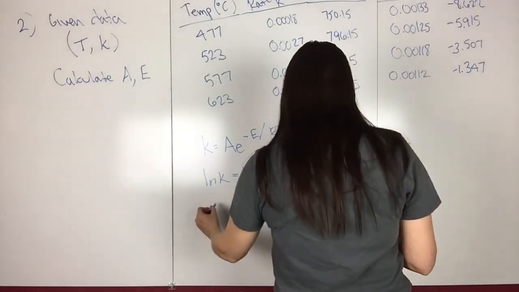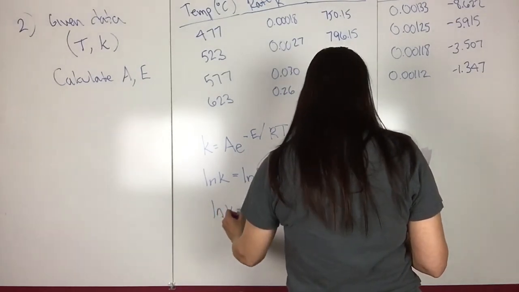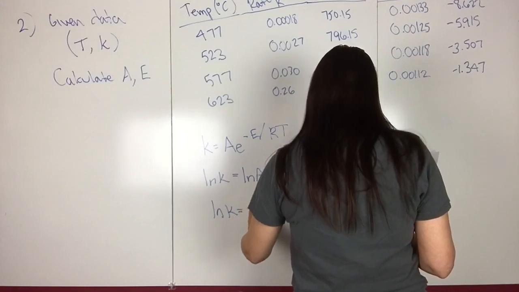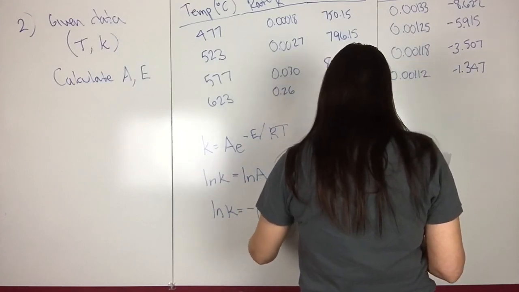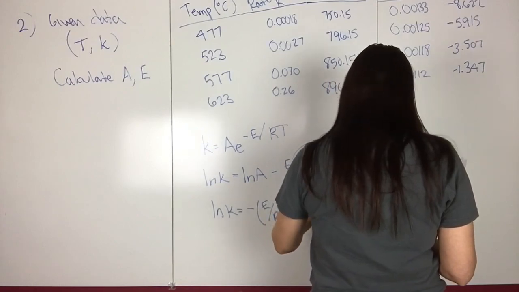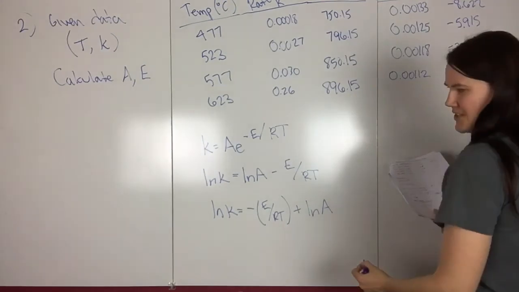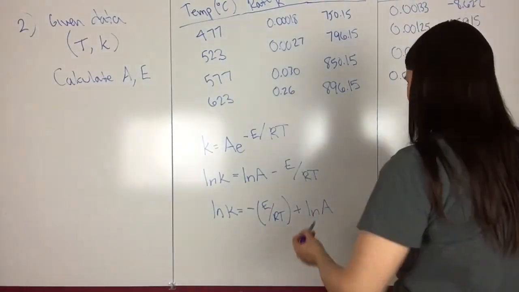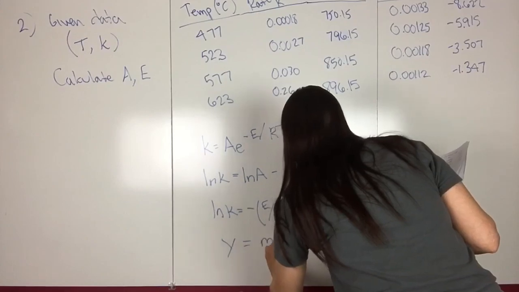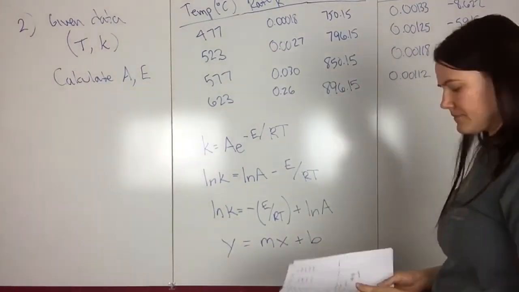So just rearranging this real quick, we have ln of K is equal to minus E over RT plus ln of A. So if we look at this equation, we can compare that to the equation for a line. So y equals mx plus b.